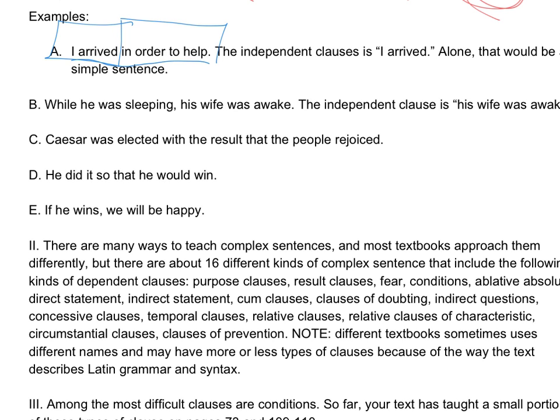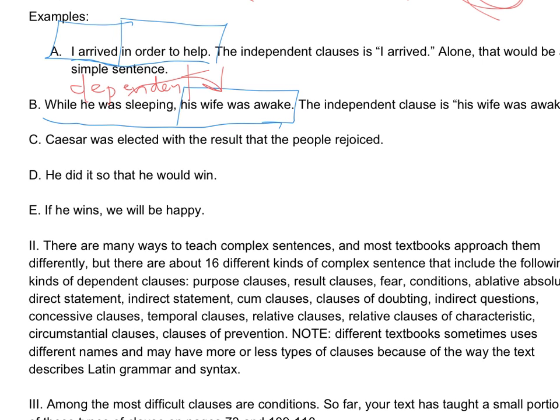Look at the second example. While he was sleeping, his wife was awake. His wife was awake is the independent clause because that could stand on its own. While he was sleeping sets the context for the other clause. That's the dependent one. This one could not be stated on its own. While he was sleeping is not a sentence.